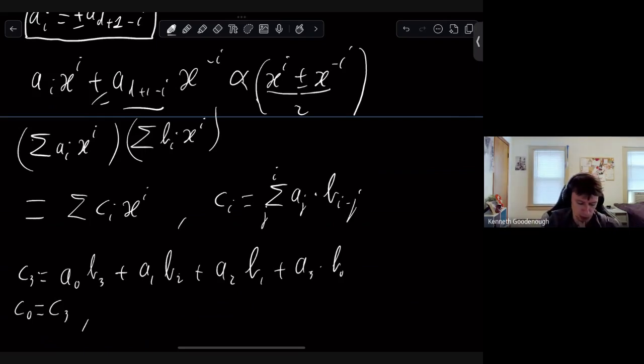Now, is there a way to sort of salvage this? Let's see. So I guess one thing that we can use is that when we plug in a dth root of unity, even in a polynomial that's not of degree d, we sort of take our polynomial, let's write this out.